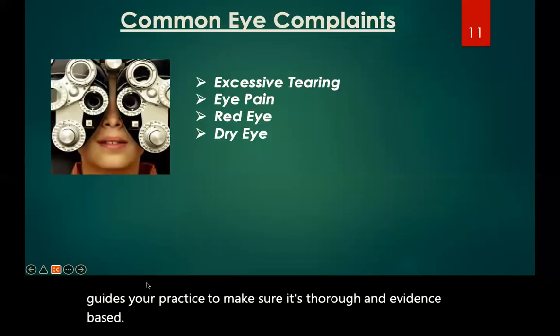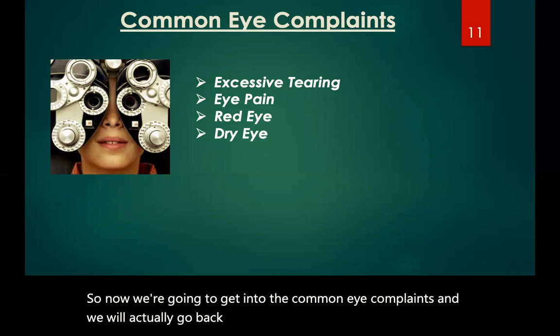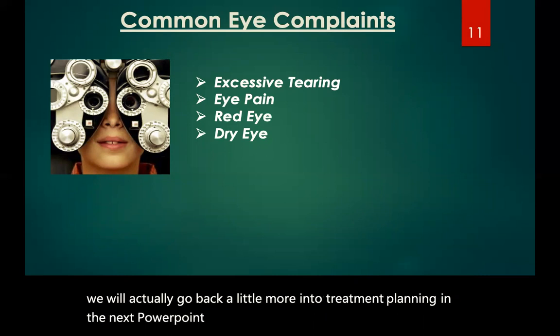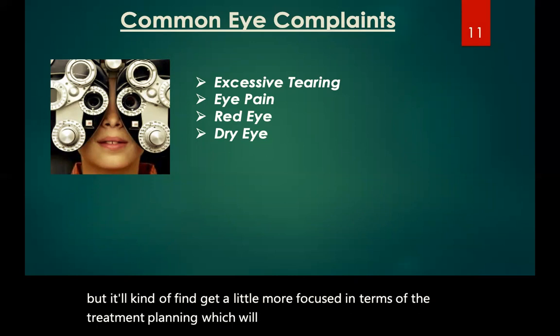Okay, so now we're going to get into the common eye complaints. And we will actually go back a little more into treatment planning in the next PowerPoint that I have. Again, it's a shorter PowerPoint, but it'll get a little more focused in terms of the treatment planning, which will reflect on Chapter 4, the Art of Diagnosis and Treatment.